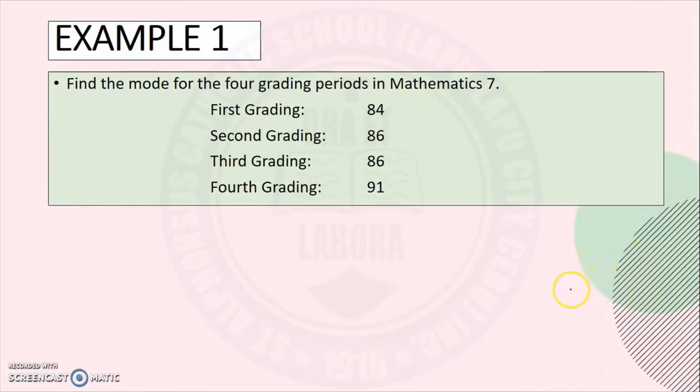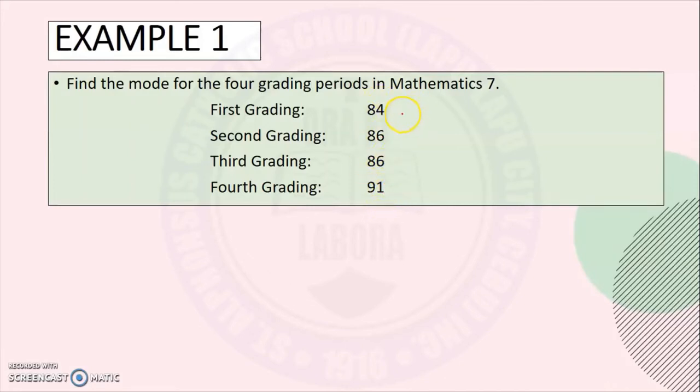Example number 1. Again, we will still be using the same example, but this time we will be finding the mode. So these are the grades of the students. We have 84, 86, 86, 91. Again, mode is the number that occurs most frequently.